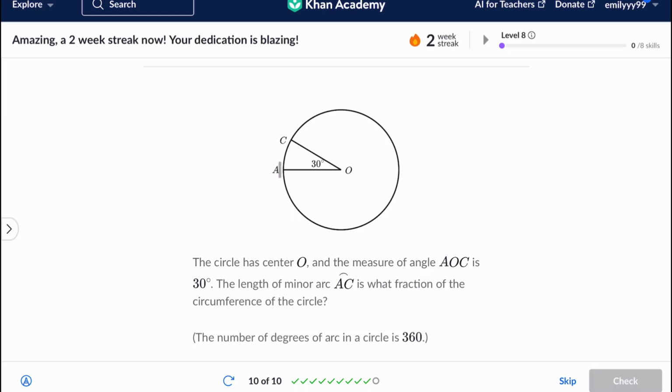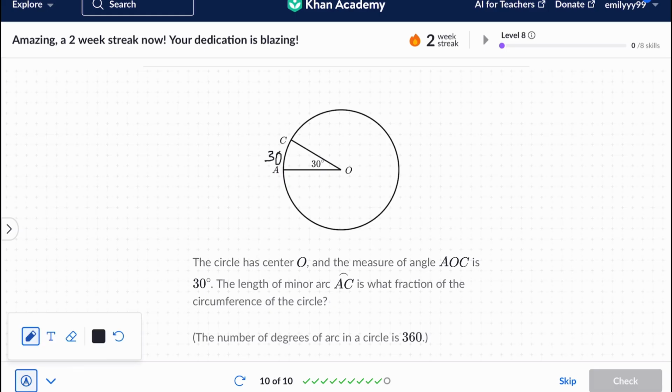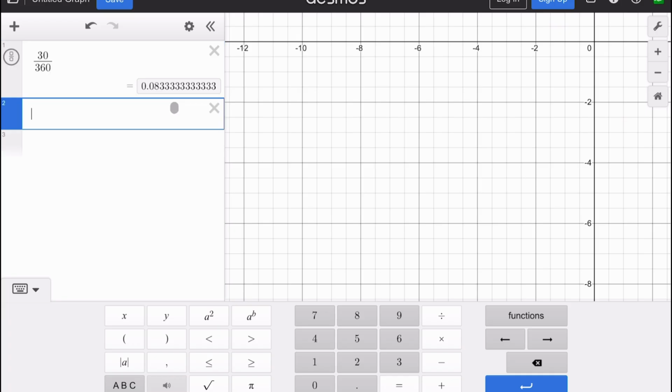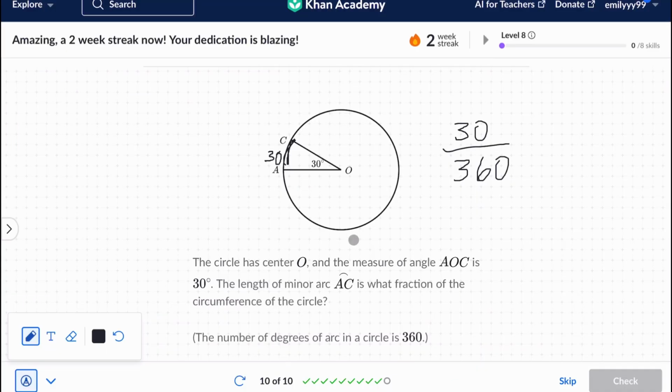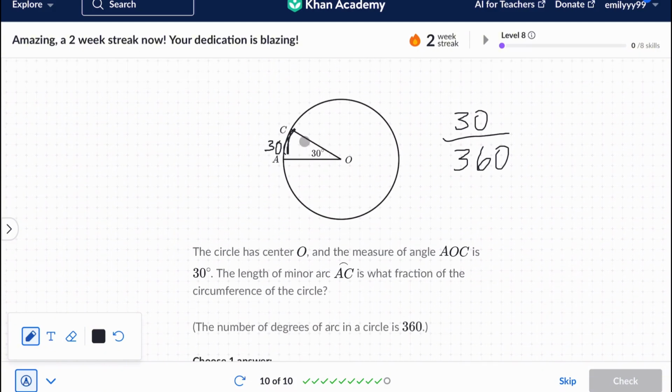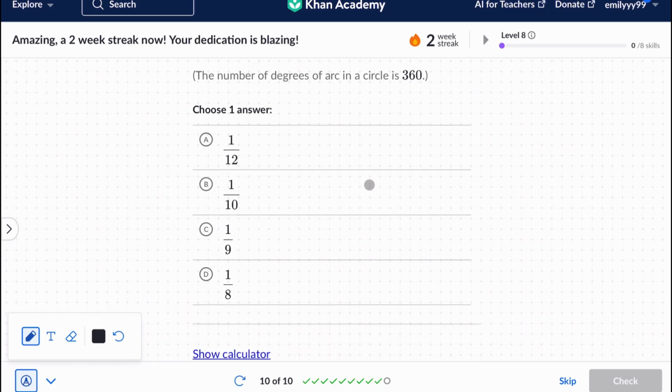We know that arc AC is 30, so we find 30 over 360, which simplifies to 1 over 12. So this angle goes into the circle 12 times. So it's A.